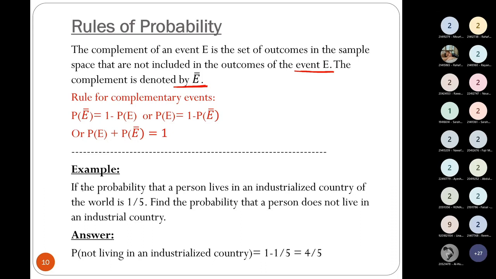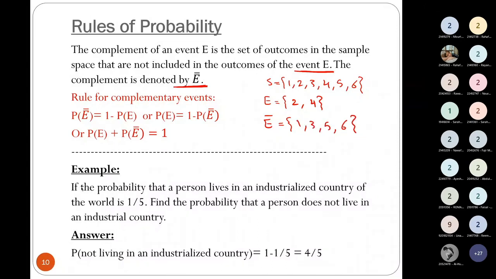For example, if S equals {1, 2, 3, 4, 5, 6} and the event E equals {2, 4}, what is the complement? All the sample space, but remove the elements that are found in E. So we have 1, 3, 5, and 6.